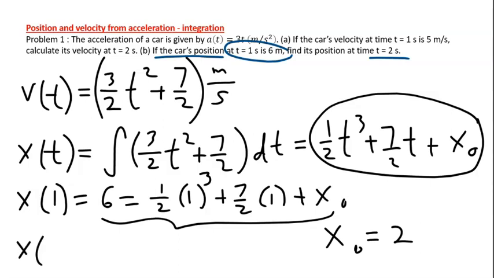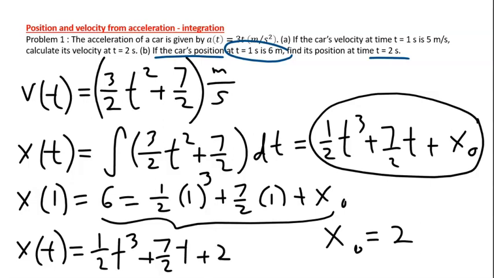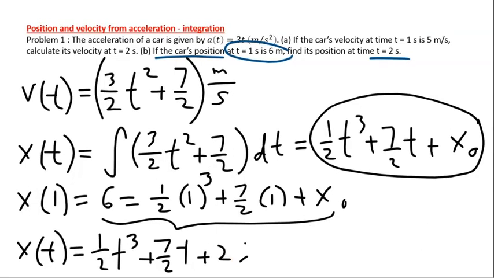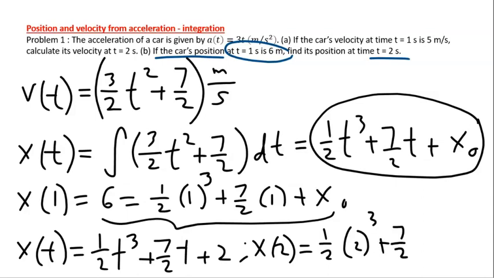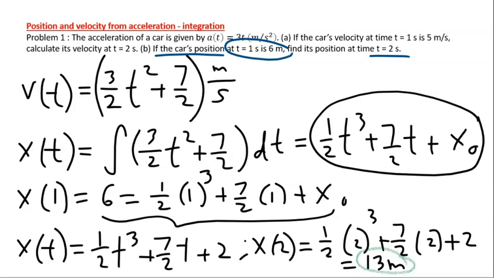So the complete function for the position is half t cubed plus 7 over 2 t plus 2. The position at t equals 2 seconds is therefore 1 over 2, 2 cubed plus 7 over 2 times 2 plus 2, and that becomes 13 meters. So that is the position of this object at t equals 2 seconds.